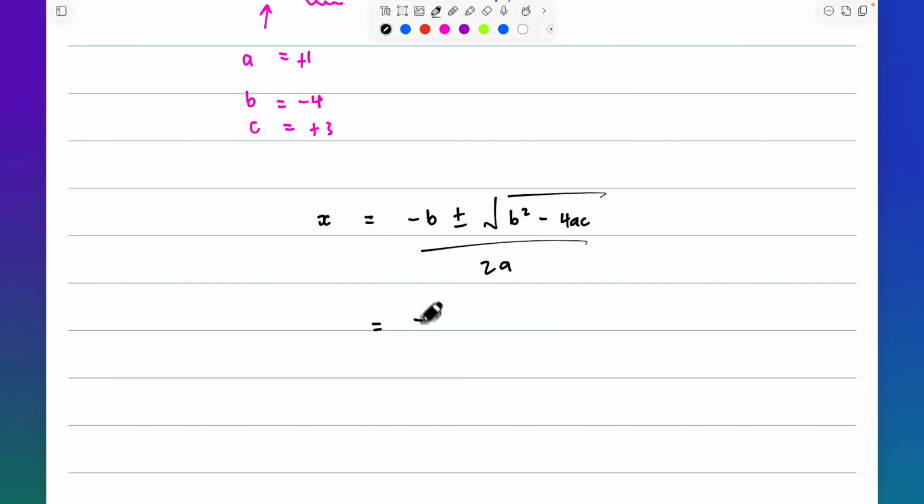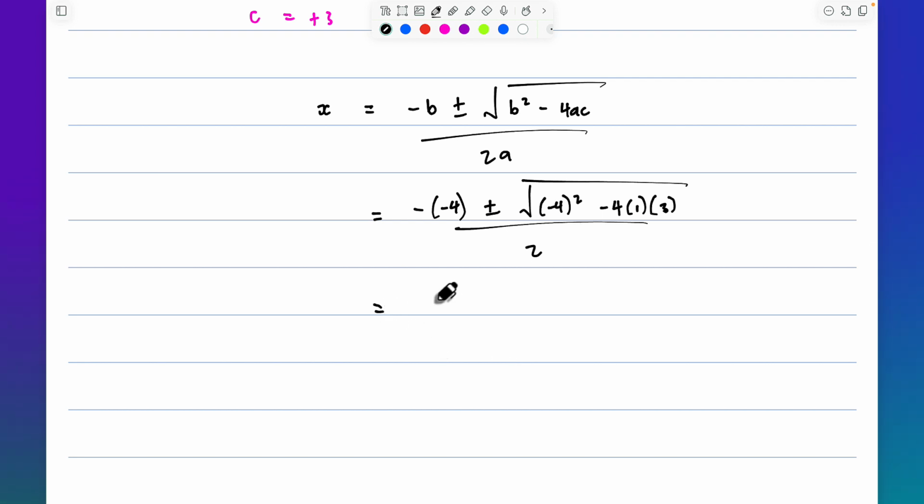Or at least just so that it's not confusing, let me just write that negative 4. Plus or minus the square root of b squared, which is negative 4 squared, minus 4 times your a value, which is 1, times your c value, which is positive 3, divided by 2 times a, which is 2 times 1. You just write that as 2. Just to simplify this, negative 4 becomes positive 4.